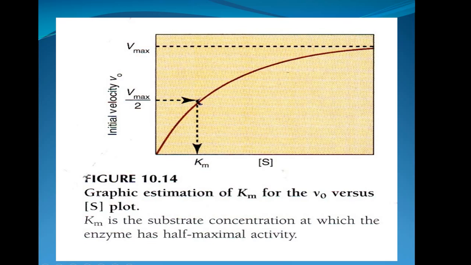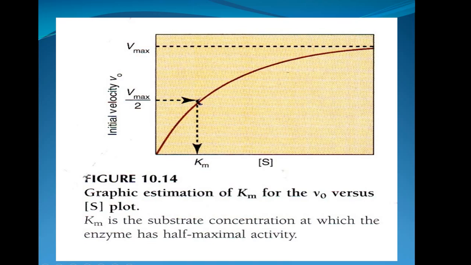Now the graph is actually a parabolic graph. You can see here, in the beginning where the concentration of the substrate is low, the velocity of the reaction is also low.